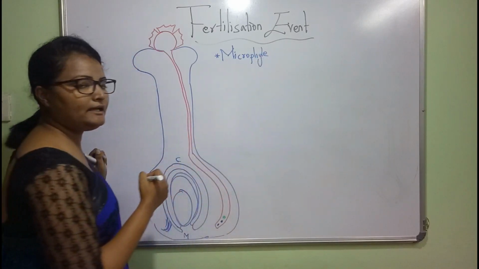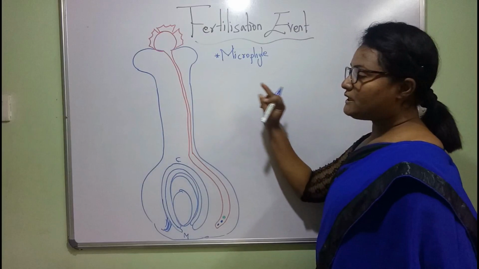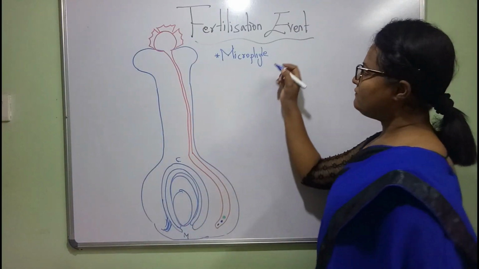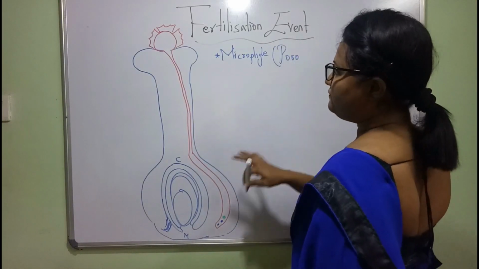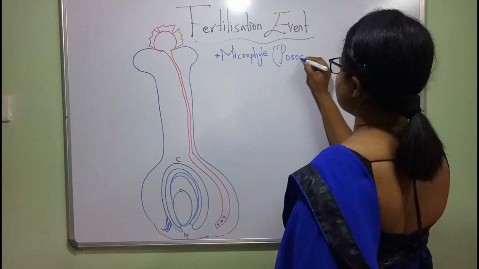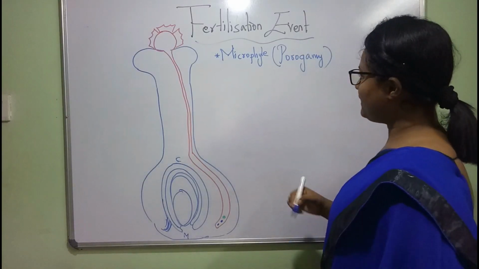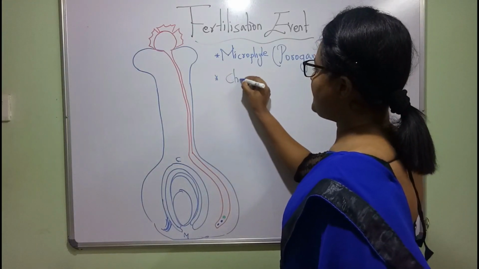Such entry of a pollen tube from the micropylar region, we call such entry or the fertilization process porogamy. Sometimes it is through the chalazal end also.